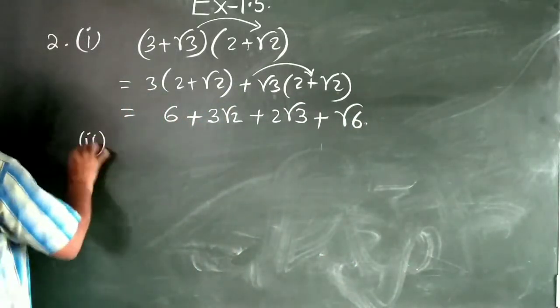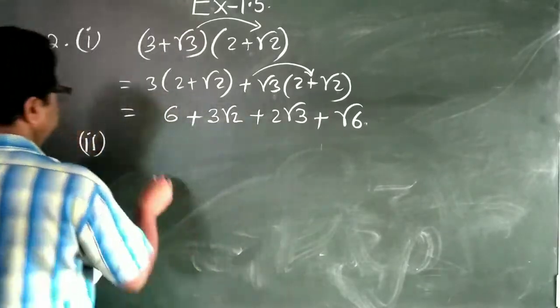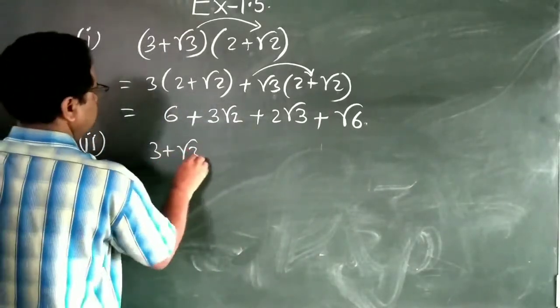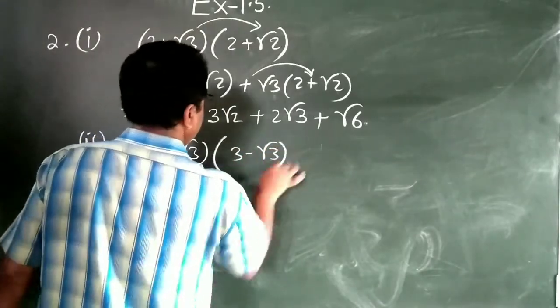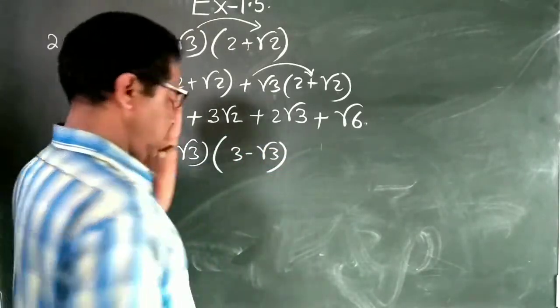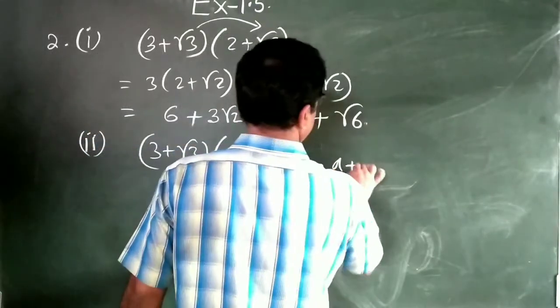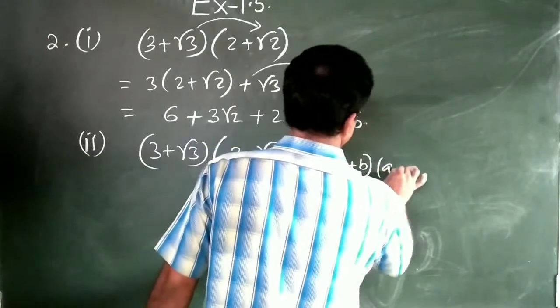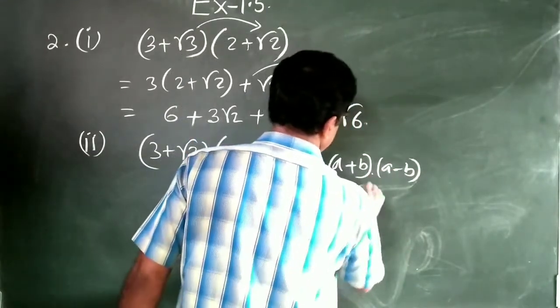Question number 2. 3 plus root 3 into 3 minus root 3. We can compare the given expression with a plus b into a minus b. The value of a plus b into a minus b is a square minus b square.